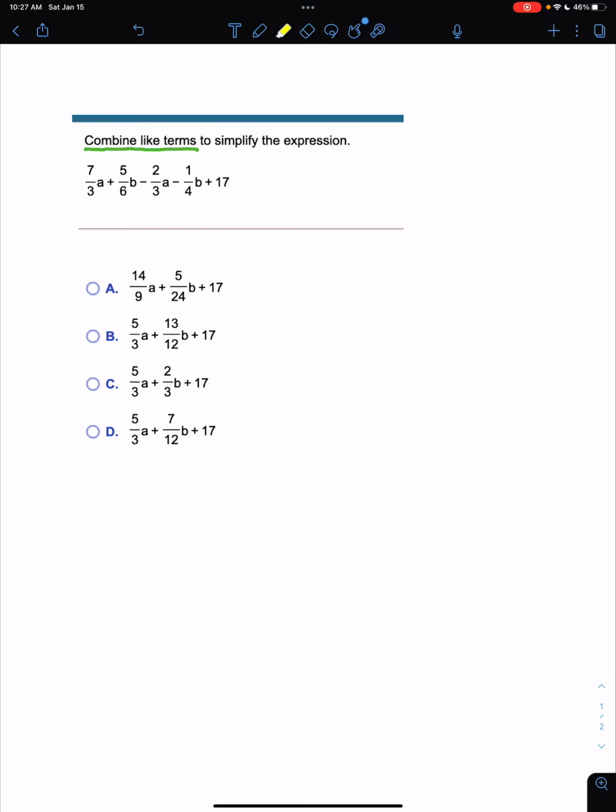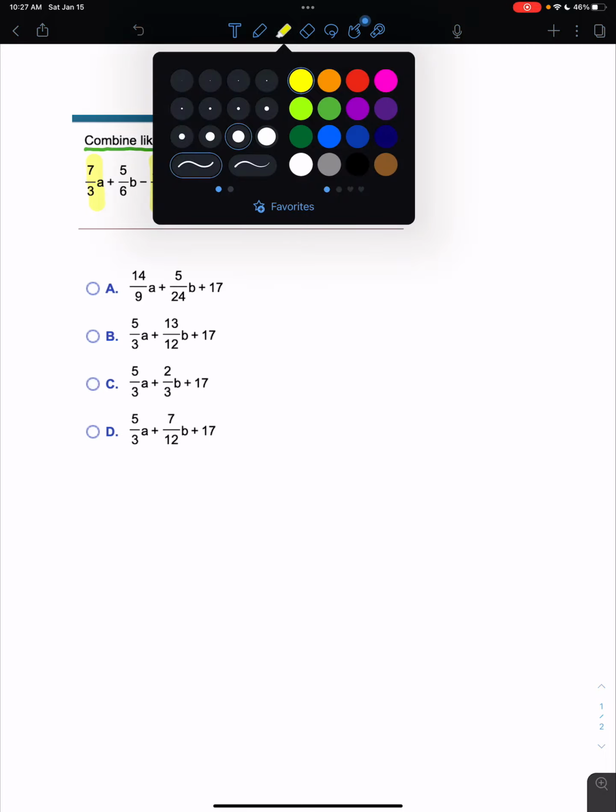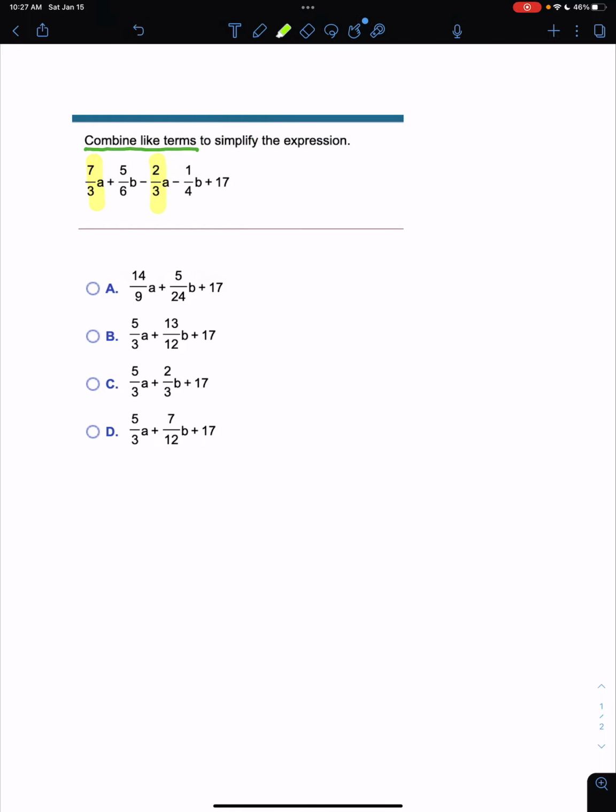For example, here I have 7/3 A and I have 2/3 A. Those two terms are both multiplied by the same variable, so I would consider them like terms. In the same vein, here 5/6 times B and 1/4 times B, I would consider them to be like terms.